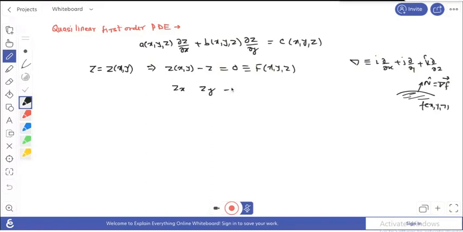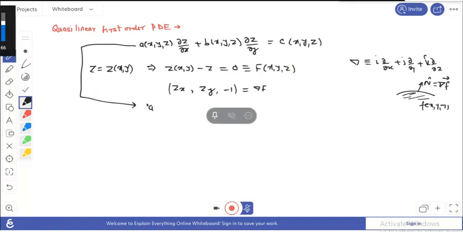So these are the three i, j, k components. So we can write this in vector form. Okay, so this is basically the gradient of f, and this is the normal of that surface.